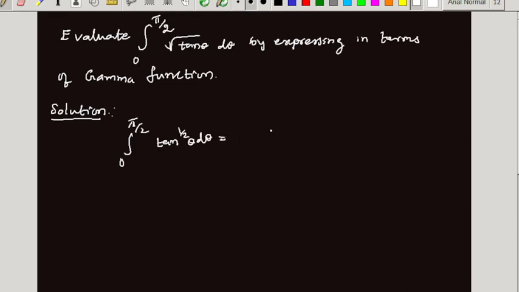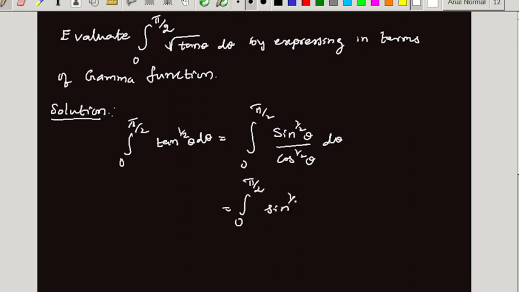So tan can be written as sine power 1 by 2 theta dividing by cos power 1 by 2 theta into d theta, integration with respect to 0 to pi by 2. So denominator we have cos, we bring it to numerator and we write this as 0 to pi by 2 sine power 1 by 2 theta into cos power minus 1 by 2 theta into d theta.